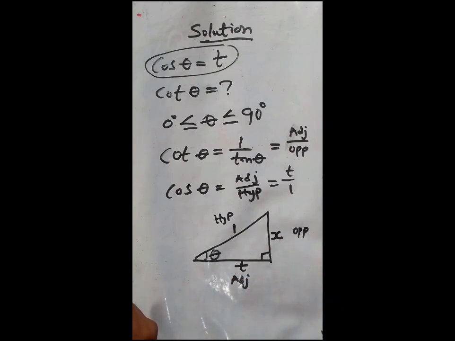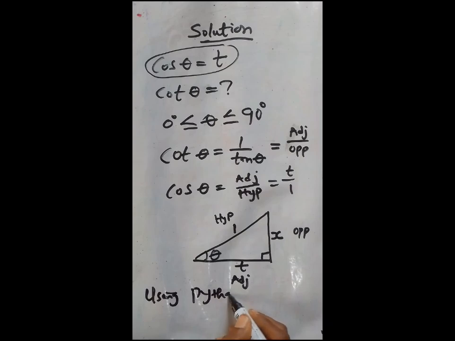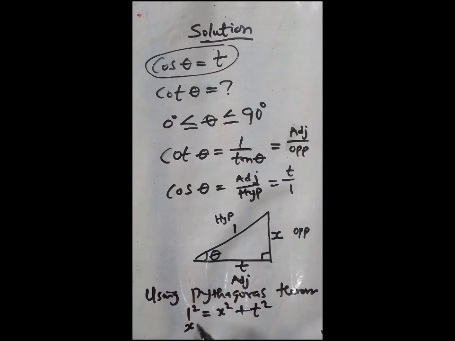Now using Pythagoras theorem, the square of the hypotenuse is equal to the sum of the squares of the other two sides. So 1 square equals x square plus t square.